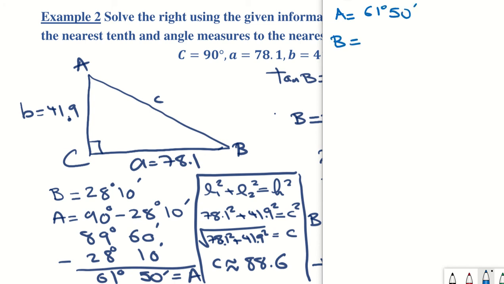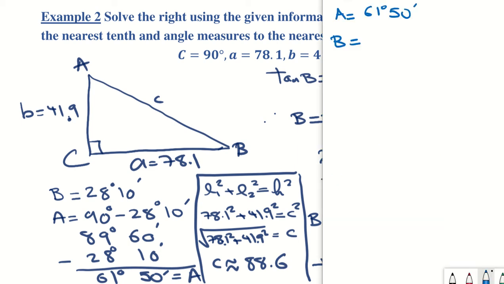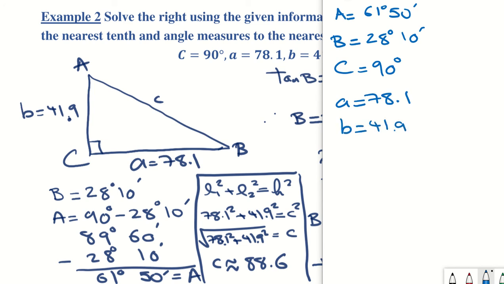B equals 28 degrees 10 minutes. C is of course 90 degrees. Lowercase a equals 78.1. Lowercase b equals 41.9.